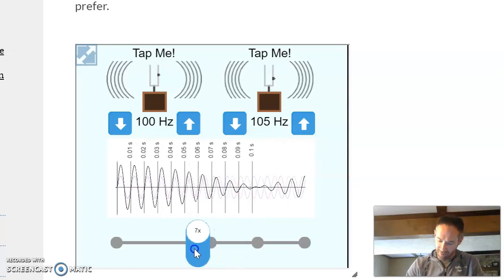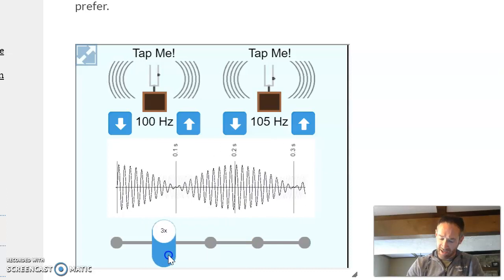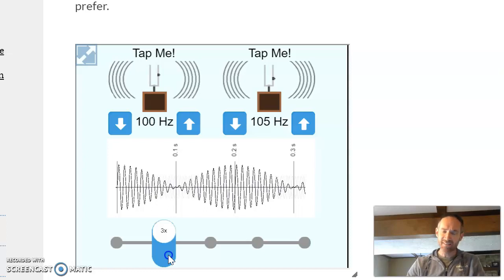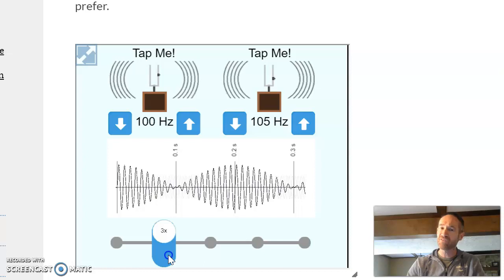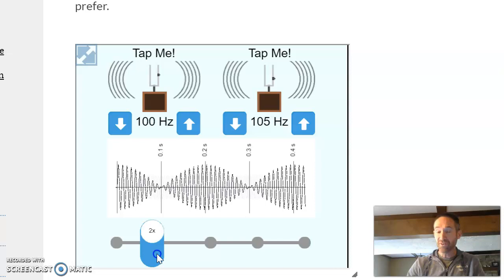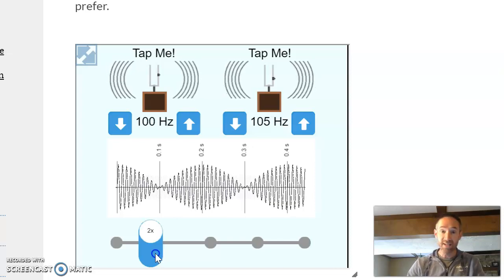And by the time you get out pretty far, you can see that you have complete destructive interference there at 1/10 of a second. Should I have seen that coming? Yeah, I should have, and you'll be able to too. And you can see that it's going to continue to fluctuate like that, getting in phase and getting out of phase, and getting in phase and getting out of phase.